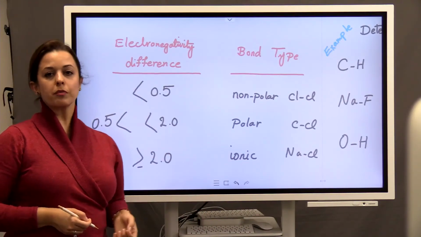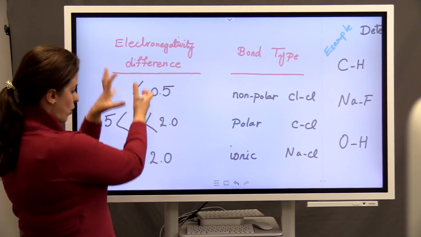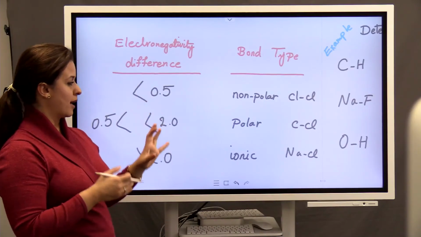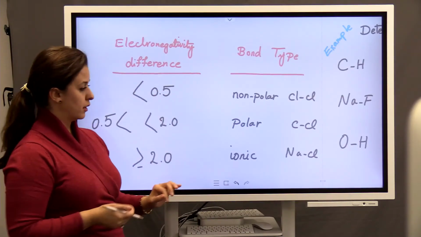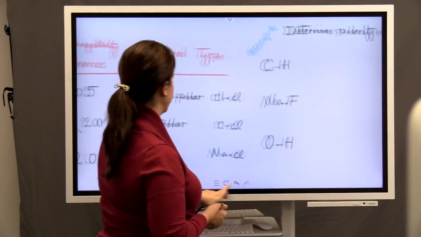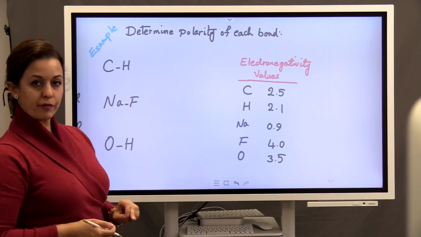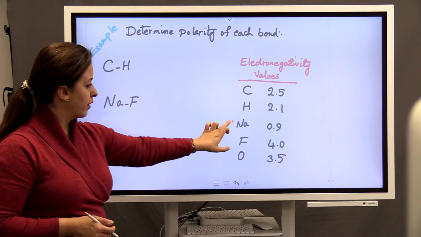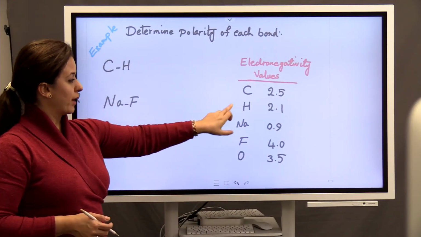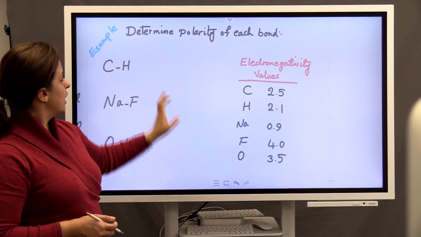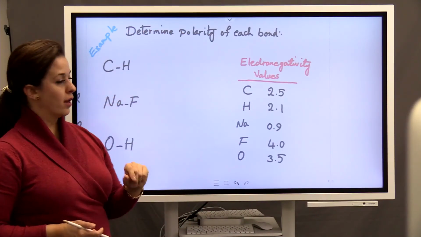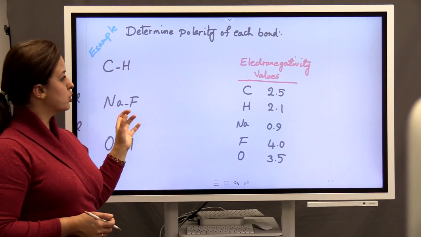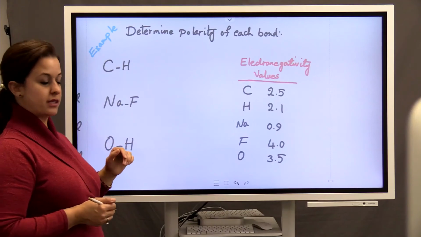So now your question might be, how do I get these differences and determine the type of the bond? I brought an example here for you. Let's work on it. First of all, these values will be given, so you are expected to work with these. Determine polarity of each bond. Bond between carbon and hydrogen. Polarity of each bond depends on electronegativity difference.